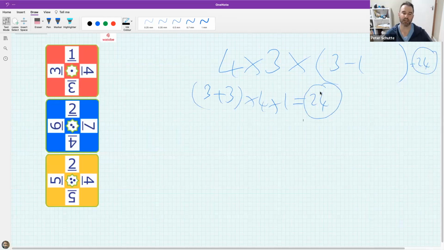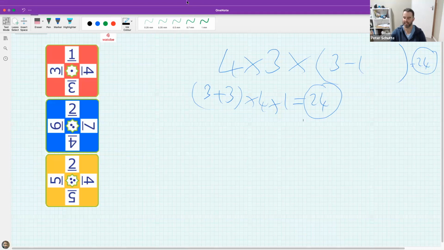Who else can get to 24? There's still the blue and the yellow. The glory can be yours.